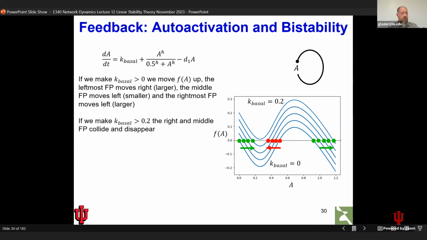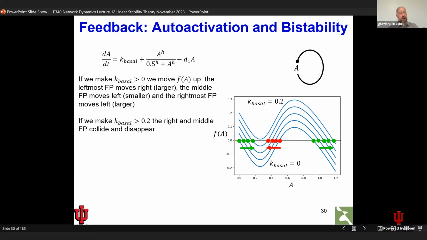If I move my curve up, what happens to my crossing points? My initial stable fixed point was at 0. I slide the curve up, and the crossing point moves to the right, so it gets bigger. As I move k-Basal to be bigger than 0, that lowest fixed point stays stable, but its value goes from 0 to being above 0.